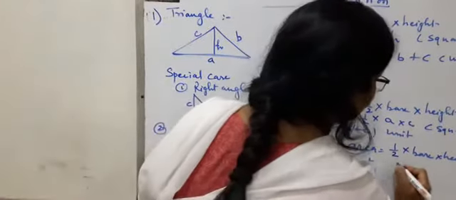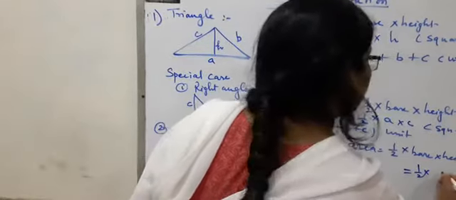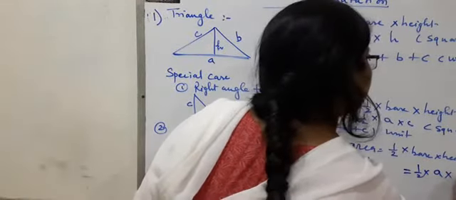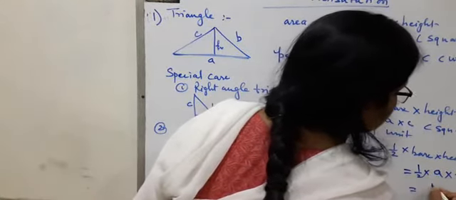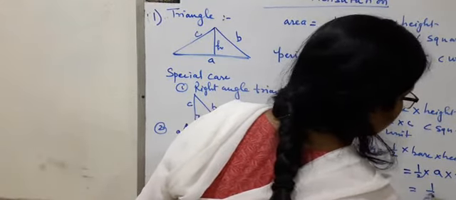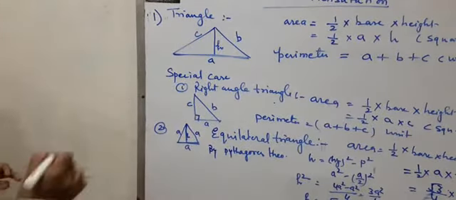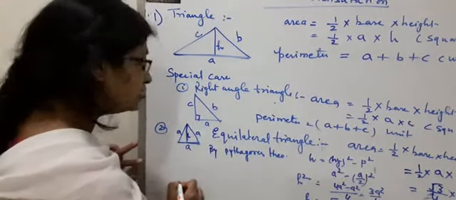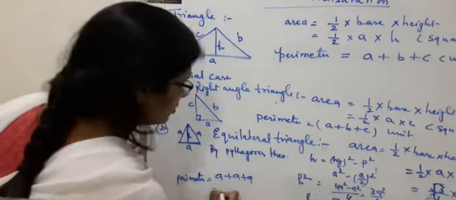So area is equal to half, base is a and height is root 3a upon 2. So area is root 3 upon 4 into a square. And perimeter of an equilateral triangle is a plus a plus a, which is equal to 3a.